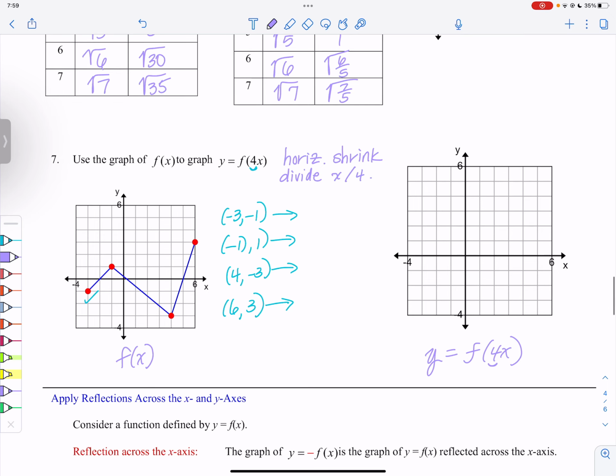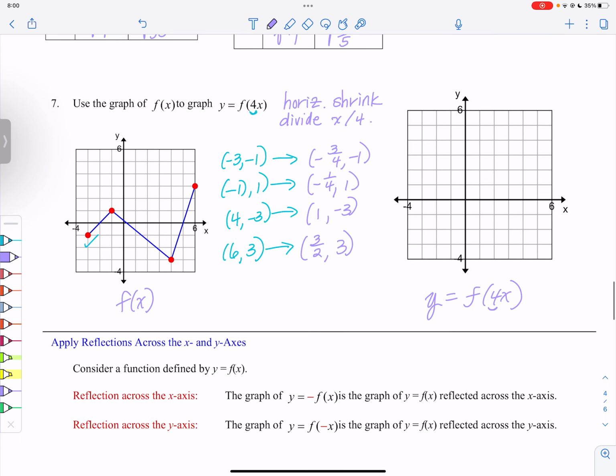Okay, so now we have -3/4, -1. And then, because remember, we're making these x values smaller by a factor of 4. And 6 divided by 4 is 3/2 and 3.